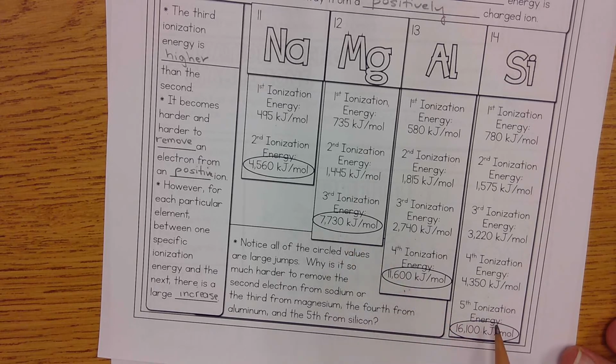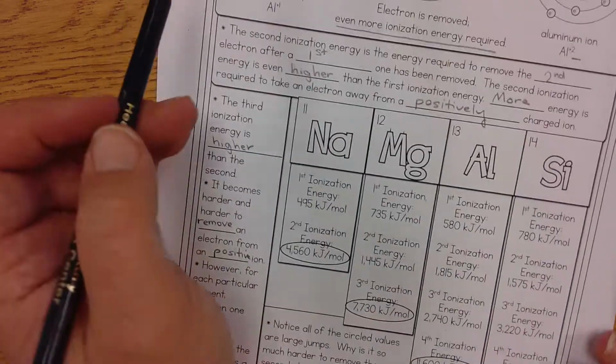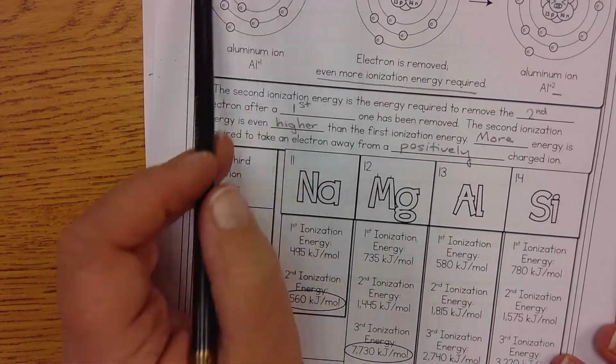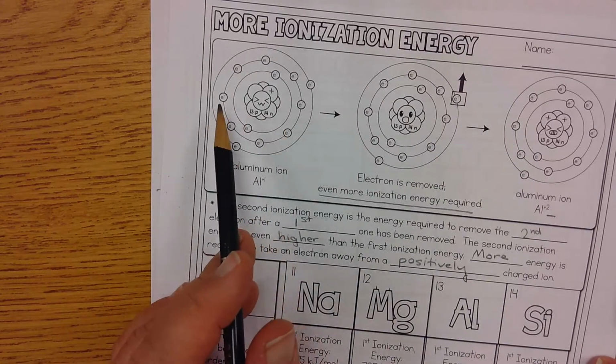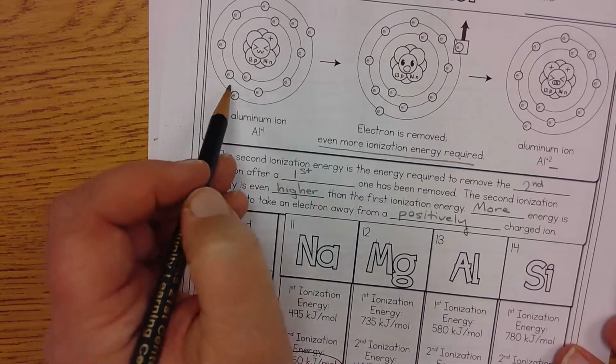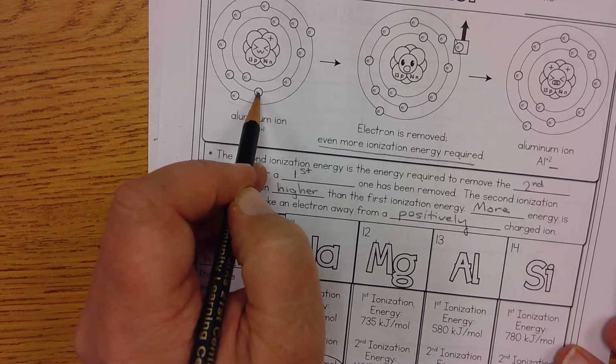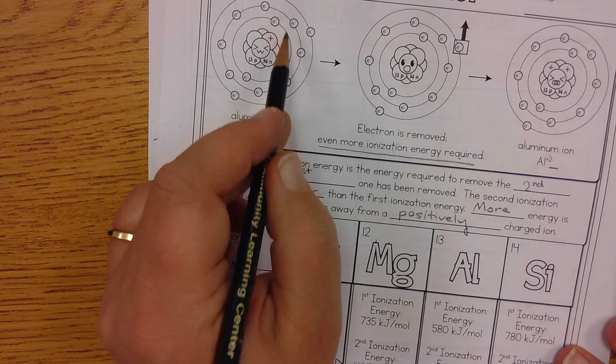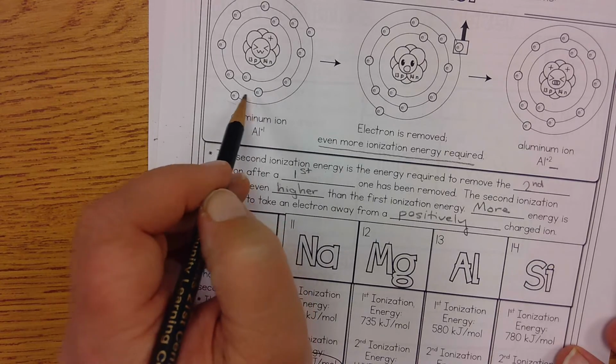So these very, very large jumps occur when you're down to the last electron, or the first electron from the next inner level, right? So like aluminum, come back up here. We've taken the 3 from the third shell. This fourth one, now we've come a little closer to the nucleus, and we're at a full shell of 8 electrons.